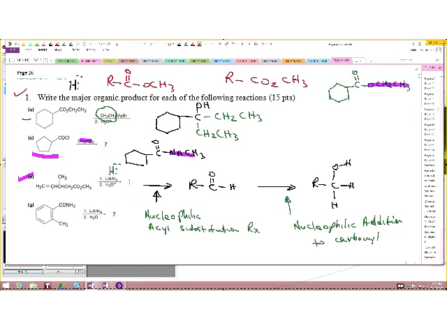Just use the mechanism that I gave you earlier with nucleophilic acyl substitution. If I ask you for this mechanism, instead of the amine or the water, just use the hydride.